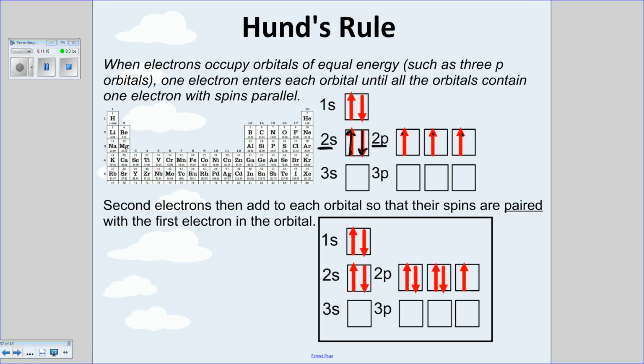If we fill up the second energy level, the p sublevel, you put 1 in the first, 1 in the second, 1 in the third. You cannot fill it like this: 1, 2, 3. That is incorrect. Okay, you have to fill them 1 at a time. Second electrons that you add have to be paired, and remember, they have to be spinning in the opposite direction when you notate it, as shown down here in this box.